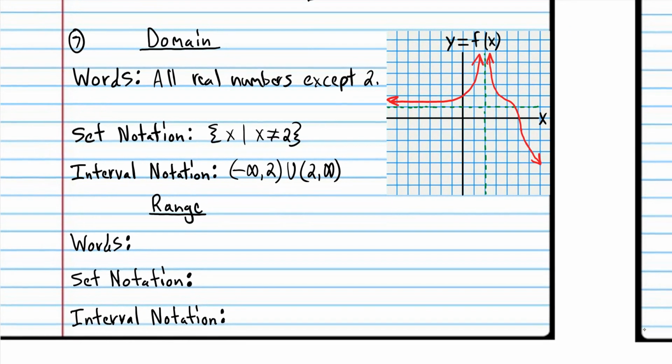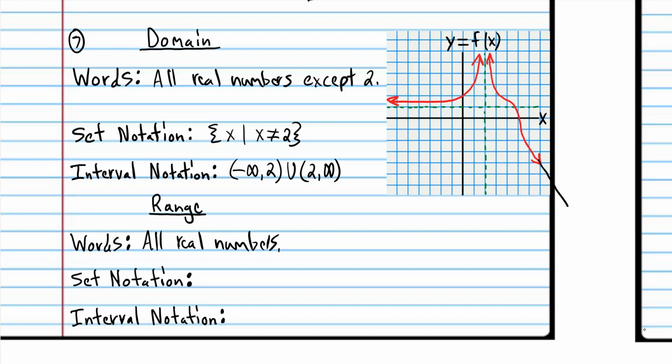Okay, and the range is all the y values of the points on the graph. All the possible y values of the points on the graph. So we say all real numbers, and that's it.